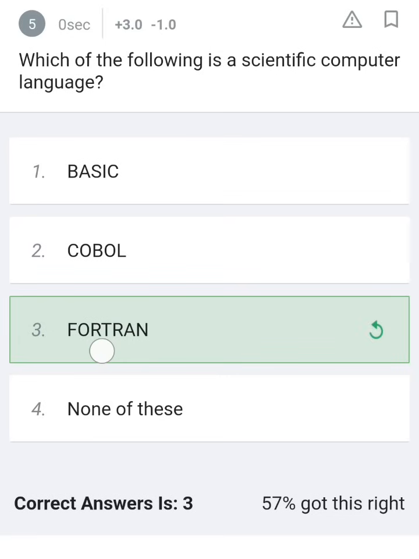Fortran was made by IBM. It is a scientific computer language because it is used for simulation, weather forecast, financial trading or engineering simulation, so the answer is Fortran.